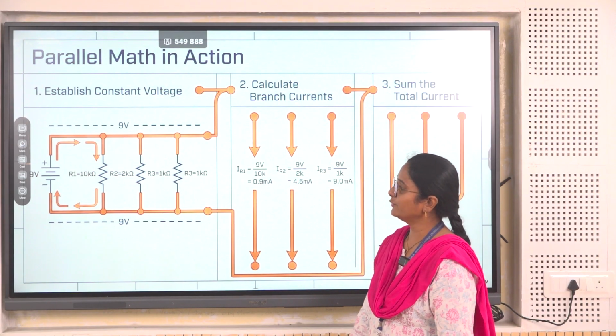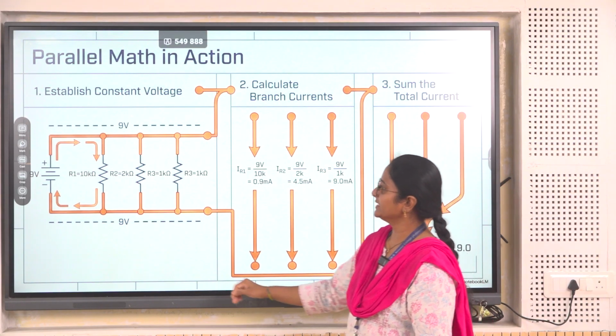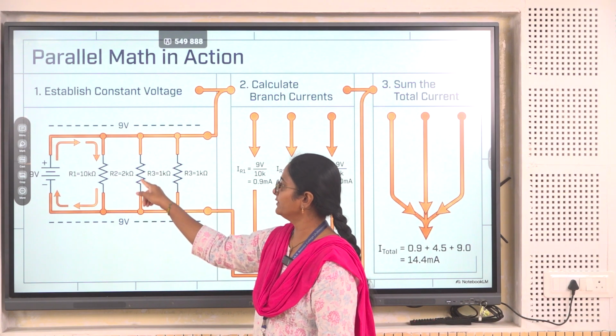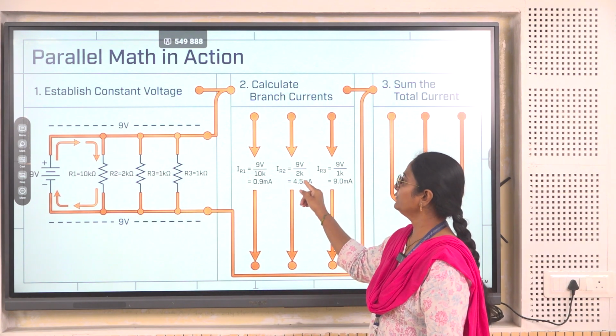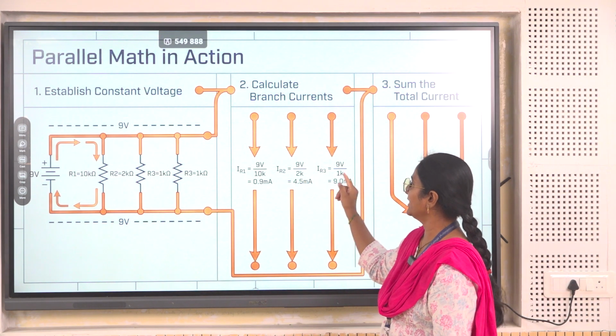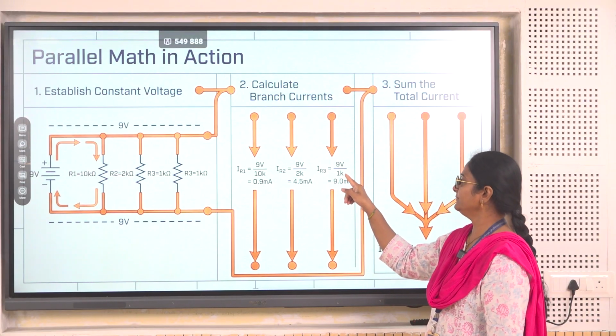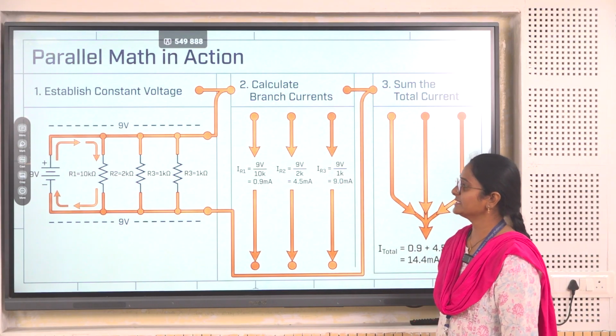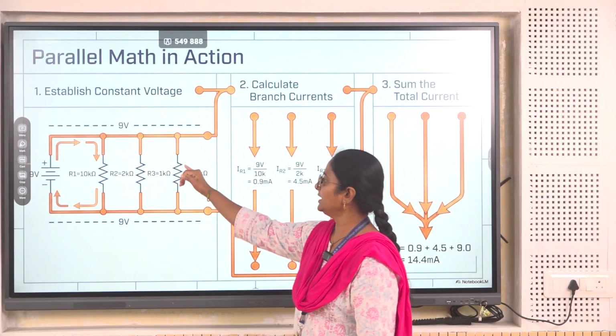For R2, the voltage is the same, so 9 volts upon 2 K gives 4.5 milliamperes, and for R3 the current flowing is 9 milliamperes.